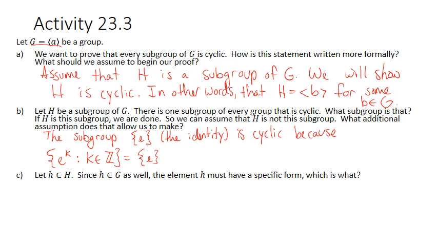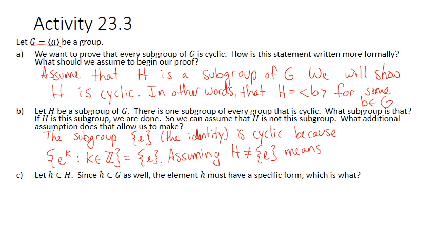So we can assume that H is not this subgroup. What additional assumption does that allow us to make? So assuming H does not just equal the identity subgroup means, well, what does it mean?